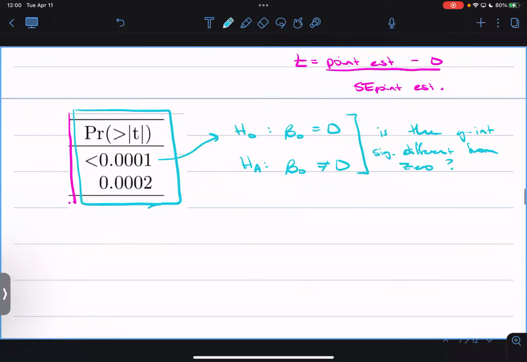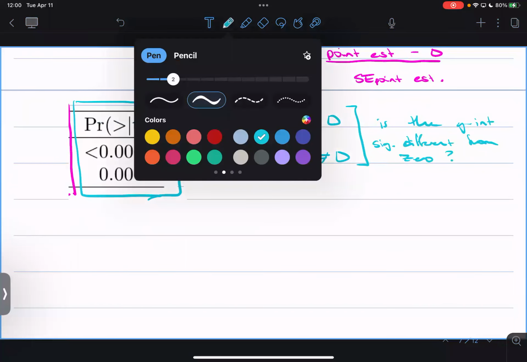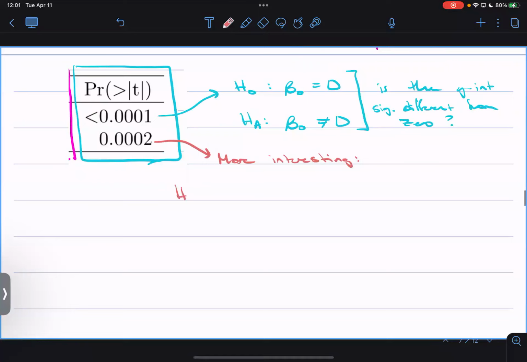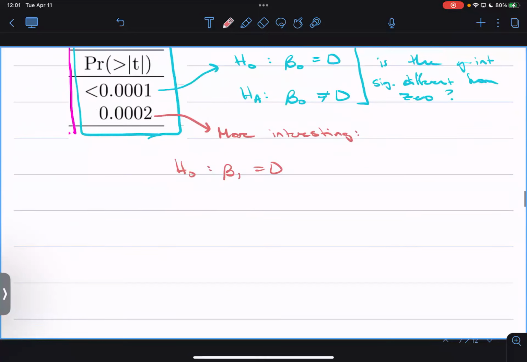Not that interesting, right? But what's more interesting, let's use these colors I haven't seen before, right? I'll even say more interesting is testing if the slope is equal to 0 or if it's significantly different from 0, right?